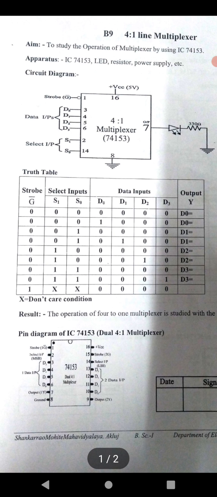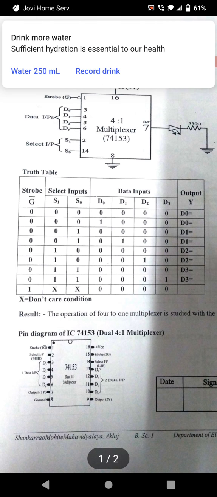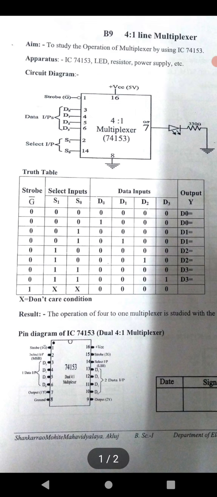Strobe line G bar is an active low line, so here this strobe line is always active low, that means 0. At this time the IC is in working condition, or on condition. Then the select input lines take the combinations 0 0, 0 1, 1 0 and 1 1. With these different select input combinations, the data input lines are selected. At a time only one data input line is active high.